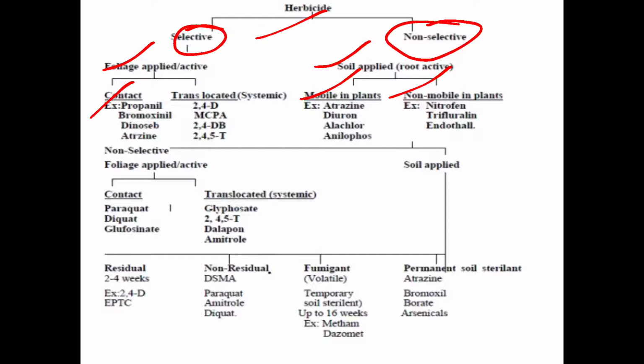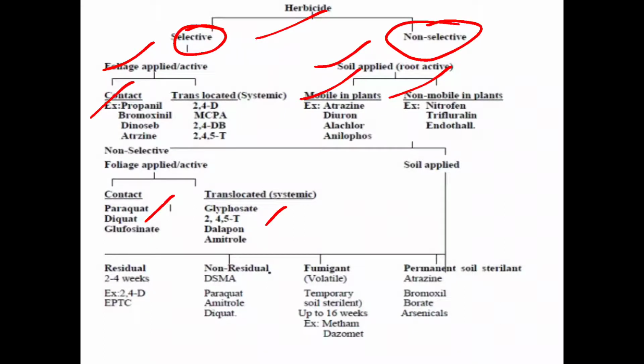Non-selective herbicides are also divided into foliage active herbicides and soil active herbicides. Foliage active herbicides include contact and translocated herbicides. Contact non-selective herbicide examples are paraquat, diquat or glufosinate. Translocated non-selective herbicide examples are glyphosate, 2,4,5-T, dalapon, amitrol.